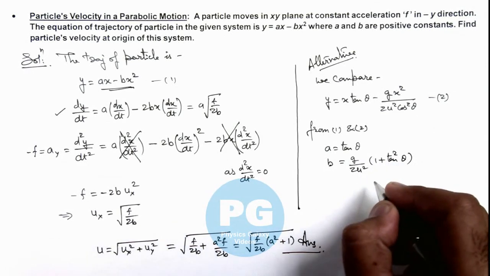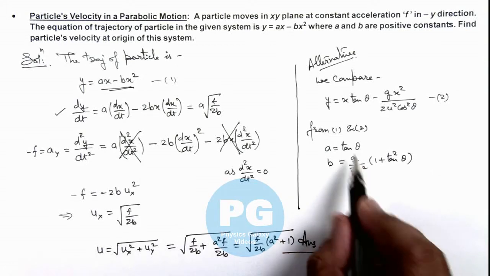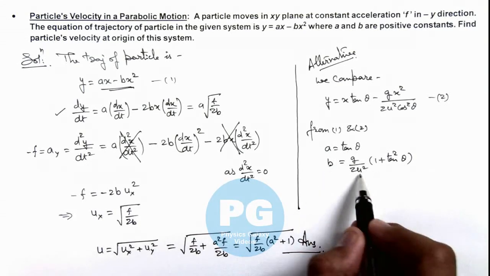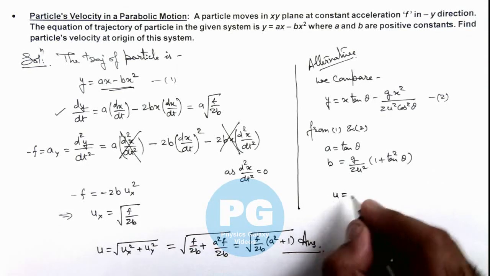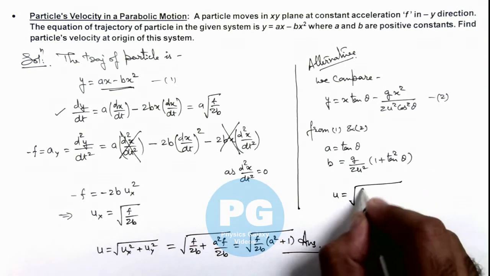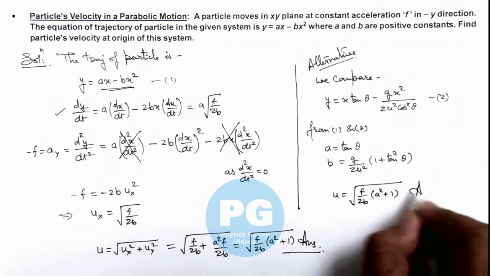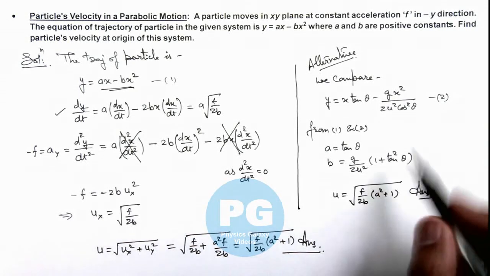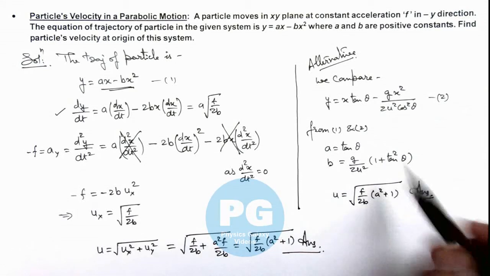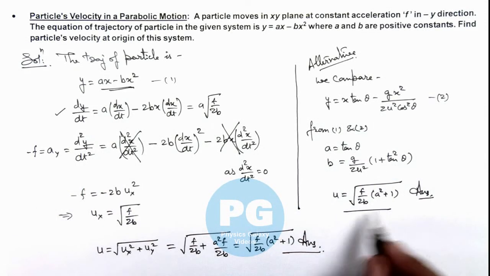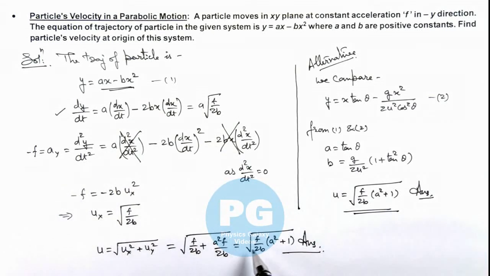Now in this situation, if we combine the two and eliminate tanθ, we calculate the value of u. We are getting the same result, u as root of (f/2b)(a² + 1), which is the answer for the problem. And you can see by comparing the parabolic trajectory with the equation of trajectory, we are directly getting the same result which we have evaluated by the traditional method of differentiation.